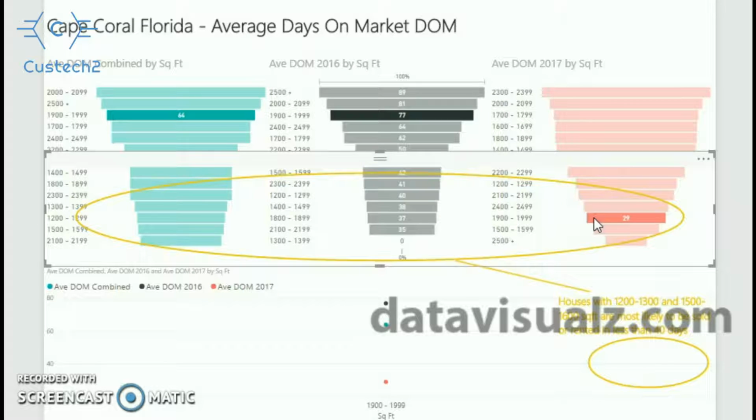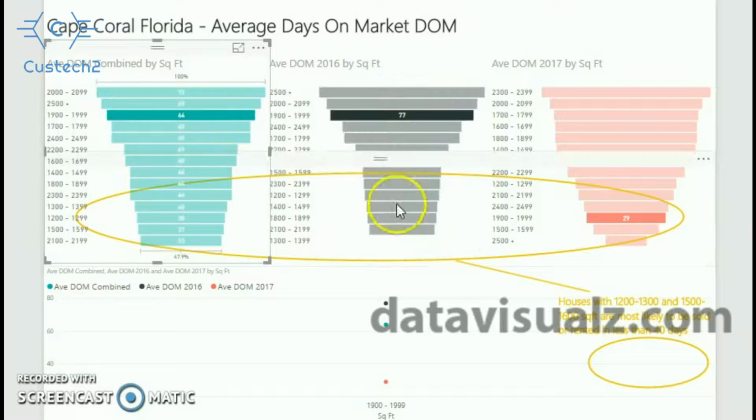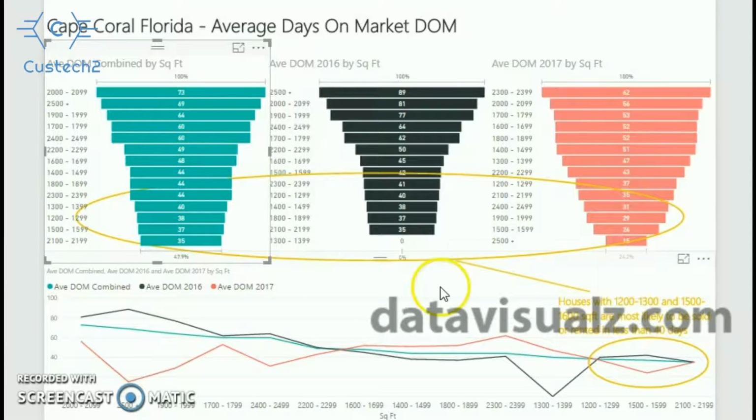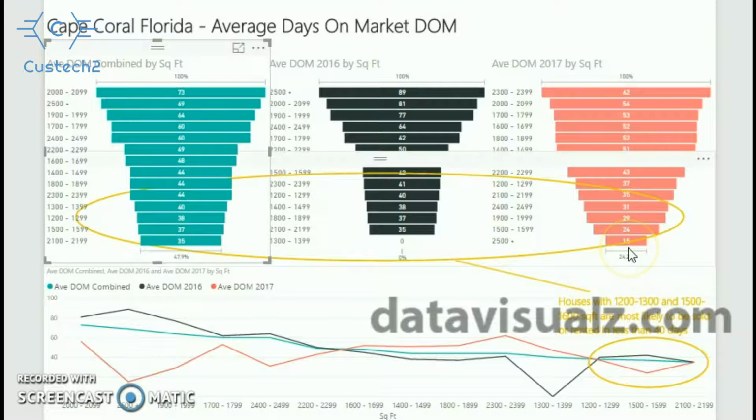We can clearly see what the data is saying. We don't have to get confused because the visual is very simple and easy to understand. It's showing exactly the right thing that we want to see from the data.